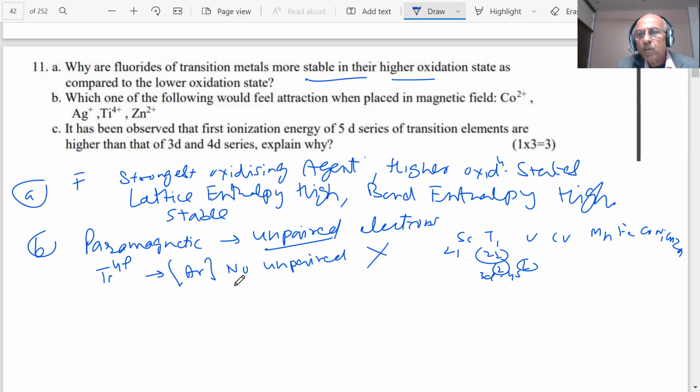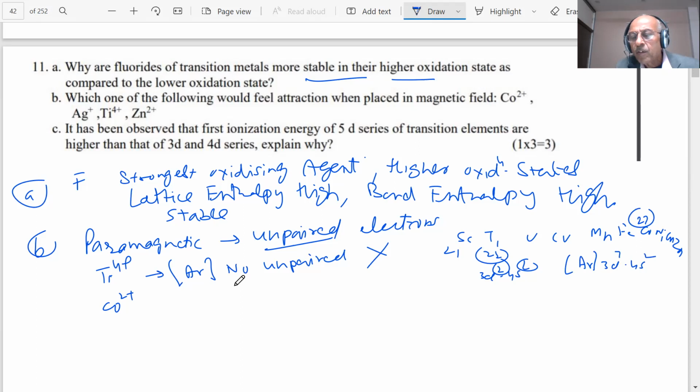What about cobalt 2 plus? Let us see. Cobalt: 21, 22, 23, 24, 25, 26, 27. Cobalt has atomic number 27, which means argon core, 3d7 and 4s2.